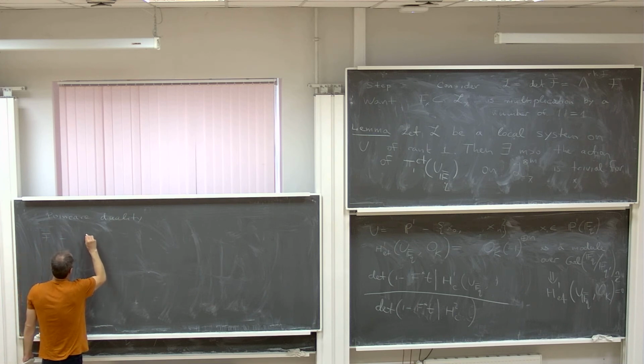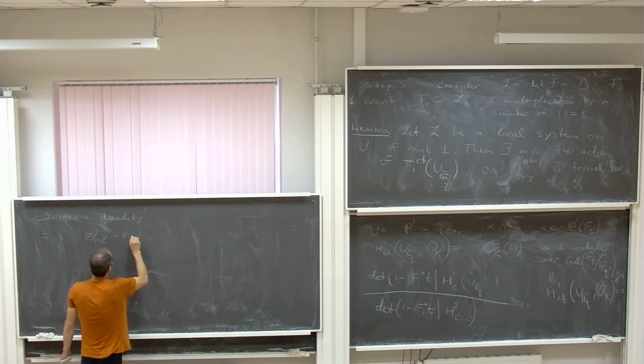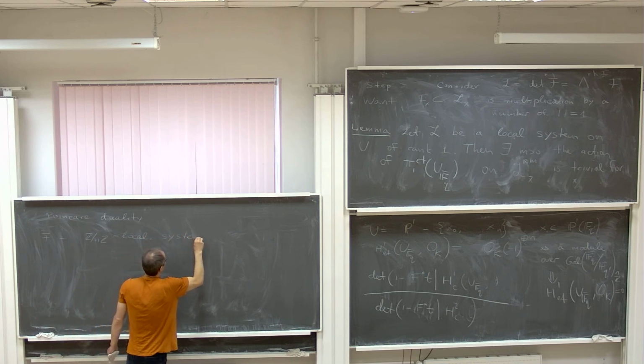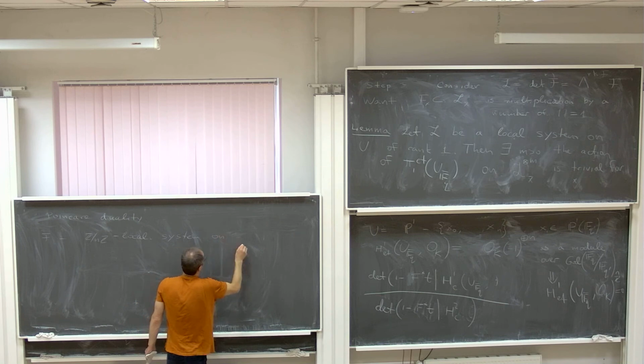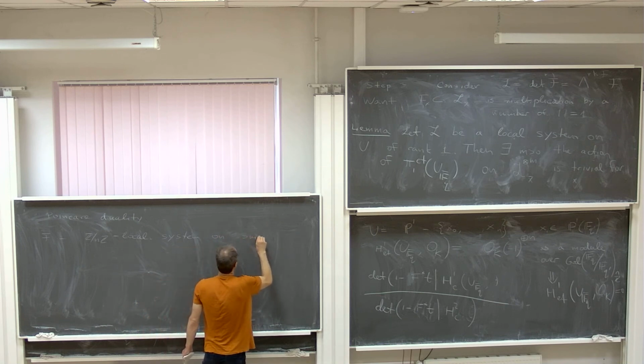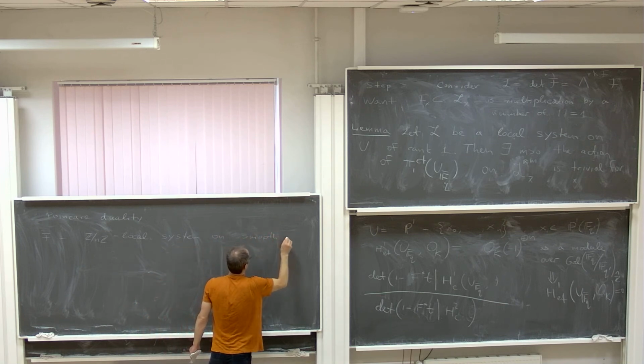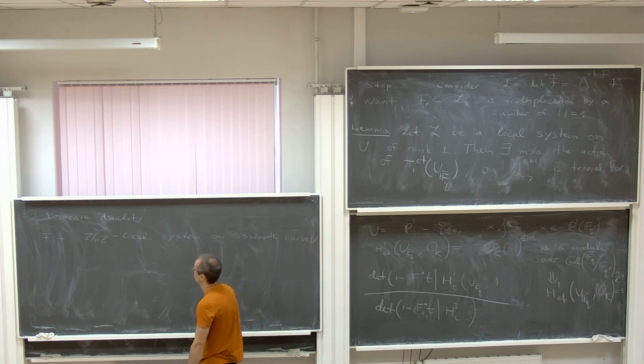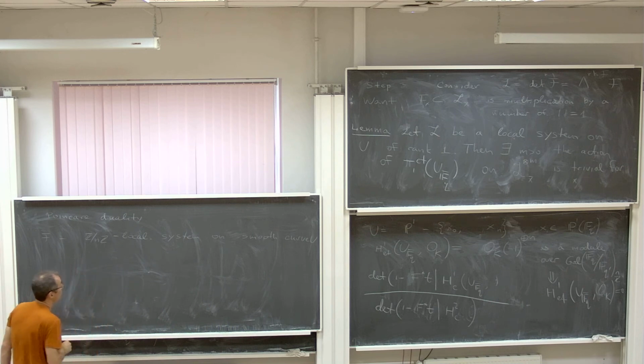This F will be a Z/nZ local system on a smooth curve U, and n is relatively prime to the characteristic.